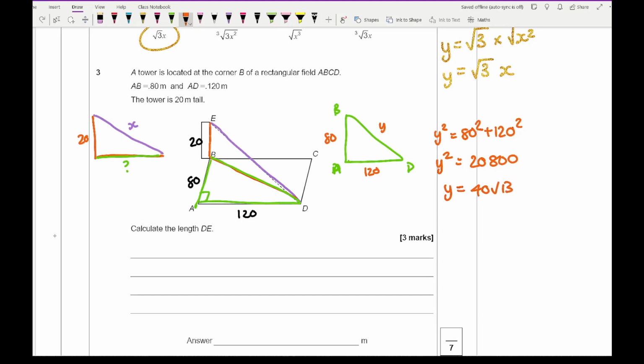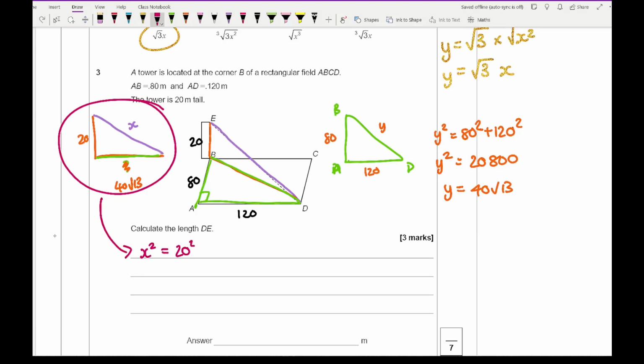So then what I can then do is go back to my original triangle and then label this as 40 root 13. And then I'm going to use Pythagoras on this particular triangle to work out what x is. So here I've got x squared equals 20 squared plus 40 root 13 squared. Again, if you want to use the decimal version of that, that's absolutely fine.